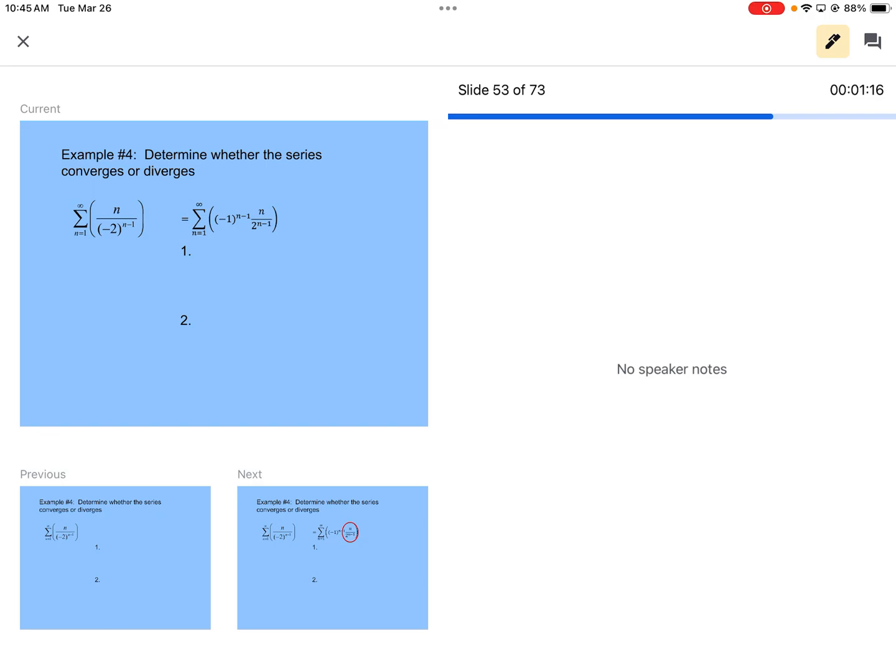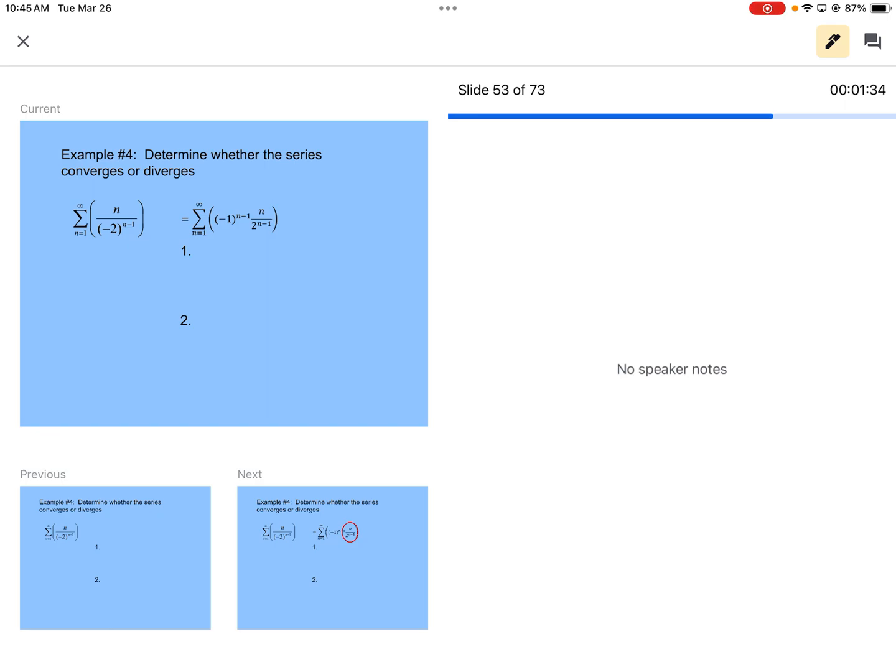We're leaving it to the power n minus 1. And we're keeping 2 to the n minus 1 by itself. Has that changed the problem at all? No, that hasn't changed anything.